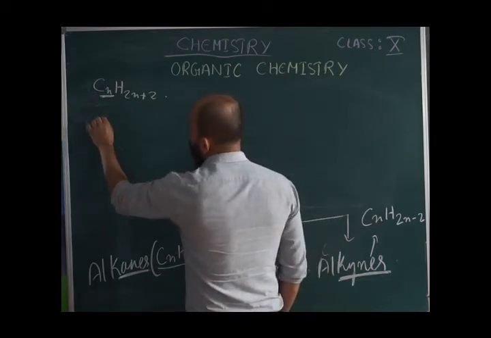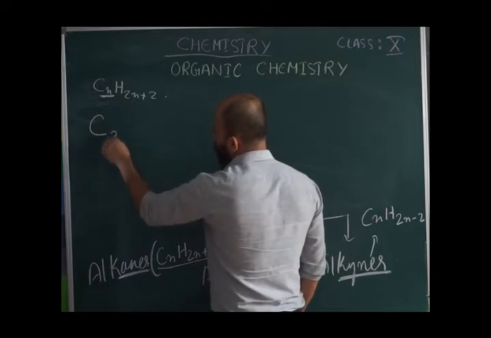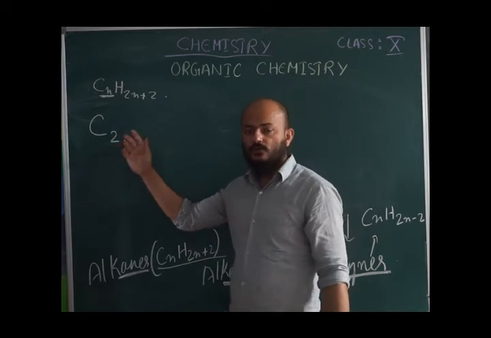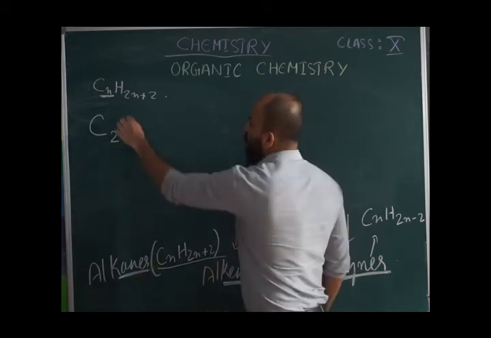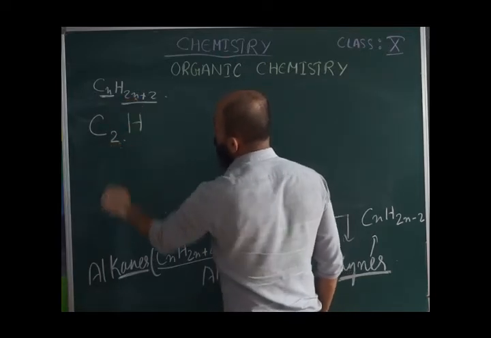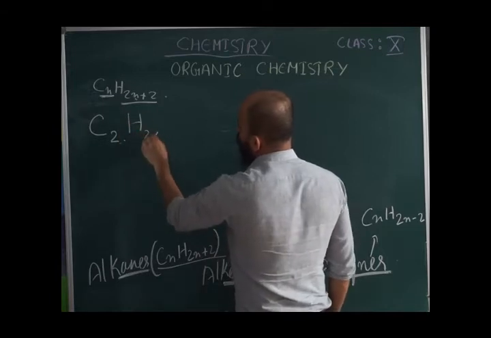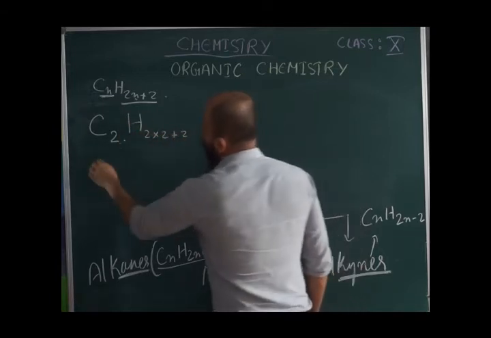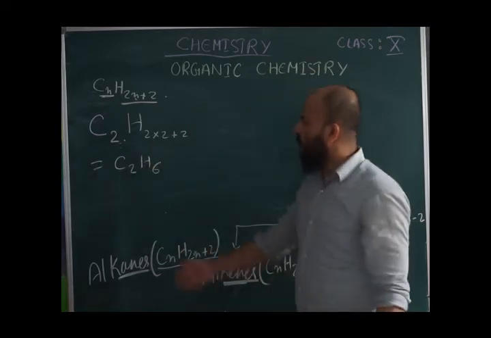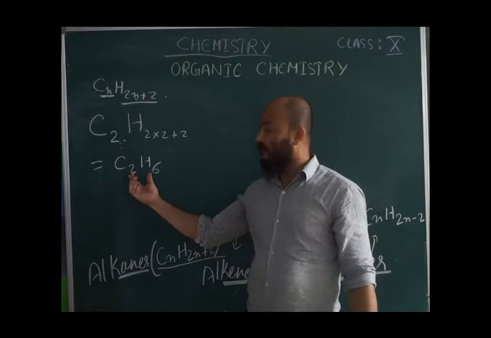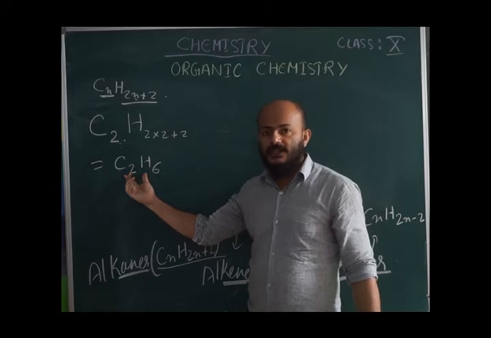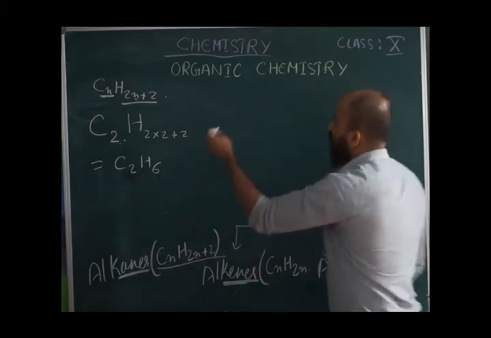Suppose in a formula you have say 2 carbon atoms. Now for this hydrocarbon to be alkane, what should be the number of hydrogen? This N denotes the number of carbon atoms, 2. So 2 into 2 plus 2. This will give you C2H6. So whenever a formula satisfies this general formula, then this compound is your alkane.